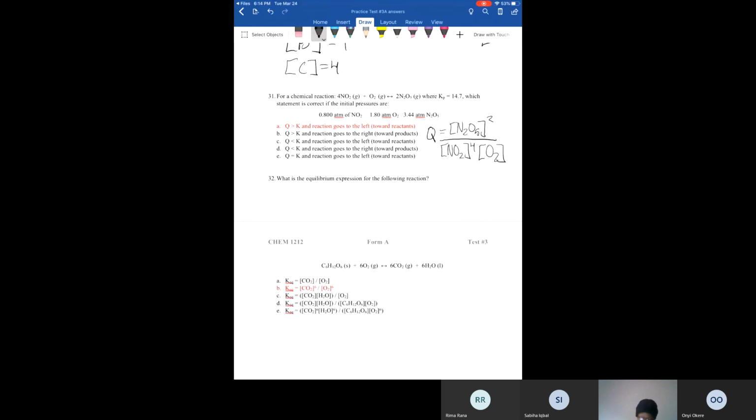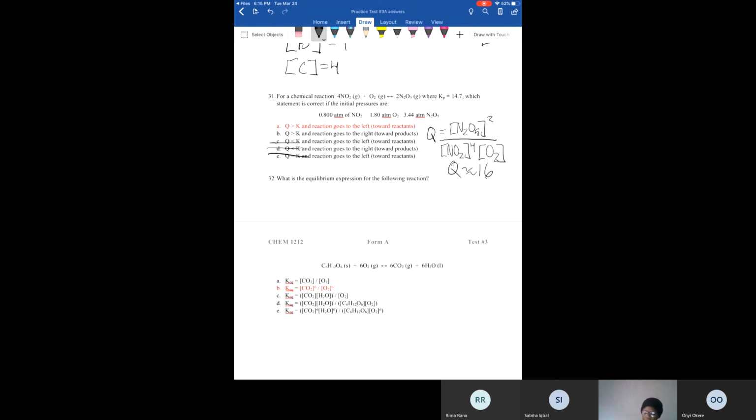You're going to get a Q value that is greater. I'm not saying Kp, sorry, Q value. Your Kp doesn't change. It is 14.7. So your Q is greater than your K. So you know that this is wrong, that's wrong, that's wrong. If Q is greater than K, that means you have too much product.